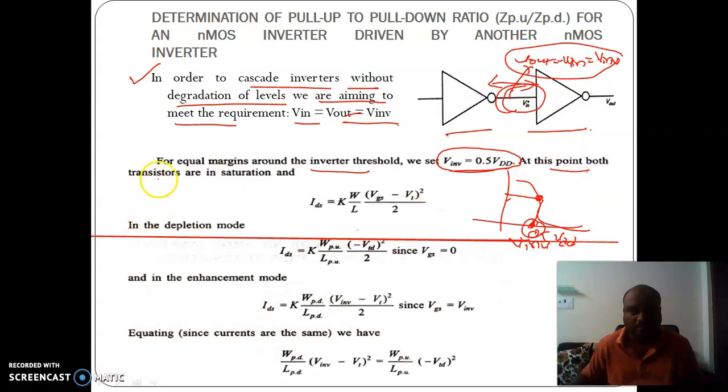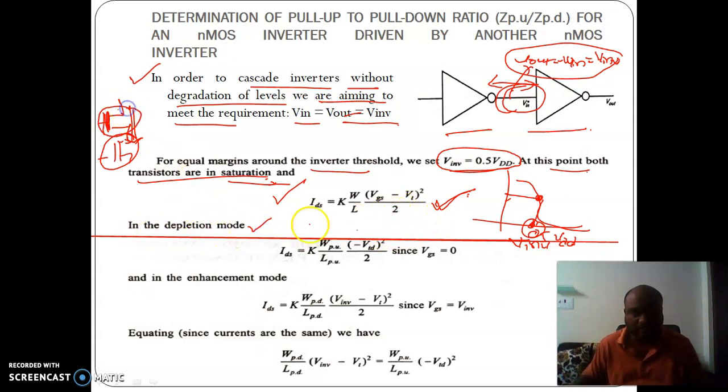At this point, both the transistors are in saturation. This depletion mode transistor will always be in saturation, and at the same time this enhancement mode transistor will also be in saturation. In that case, the current flowing in these devices is given by IDS equal to K into W by L into (VGS minus VT) whole square by 2, which we have already seen in the current derivation. For the depletion mode transistor, we know VGS is 0.